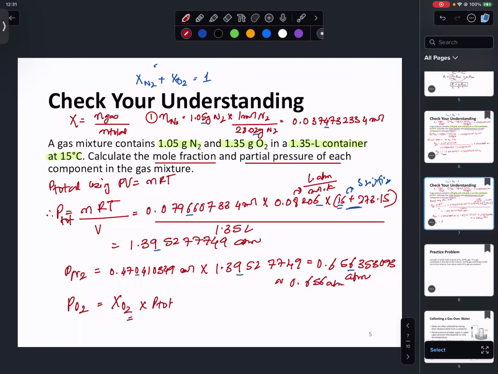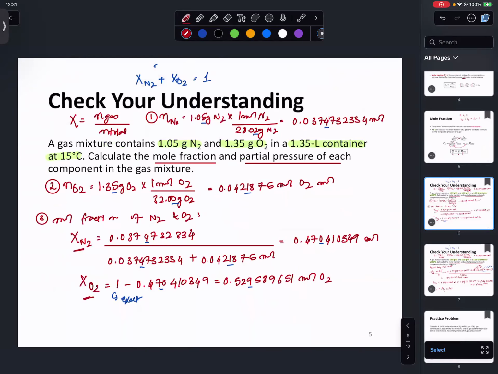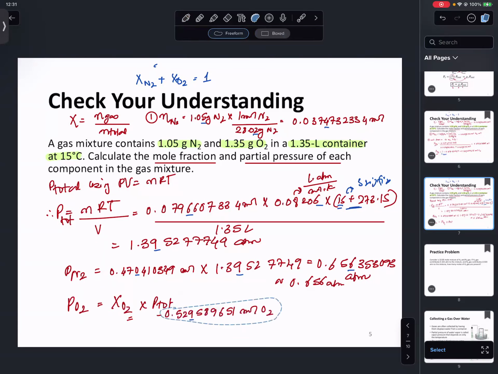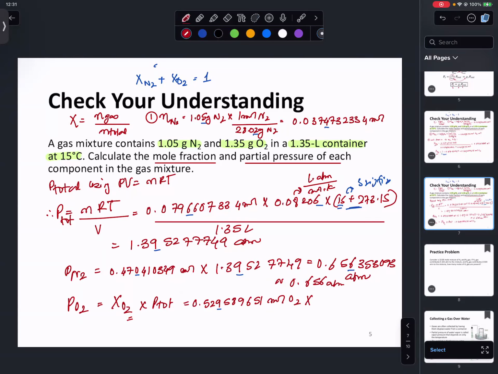And then the partial pressure of oxygen is going to be the mole fraction of oxygen, the 0.529, times the total pressure, which we have right here.